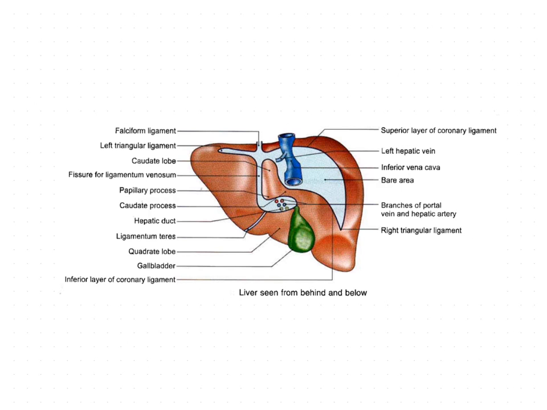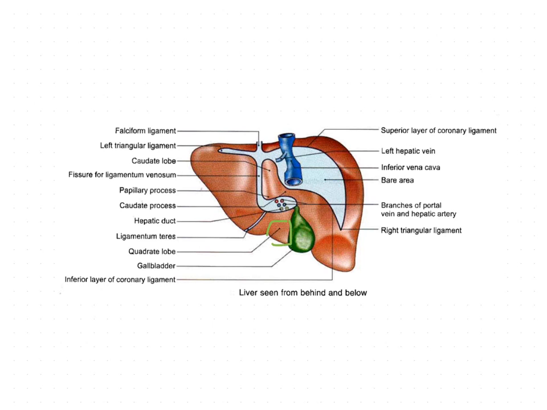So this is the liver which we can see from behind and below. The quadrate lobe is seen on the inferior surface of the right lobe.